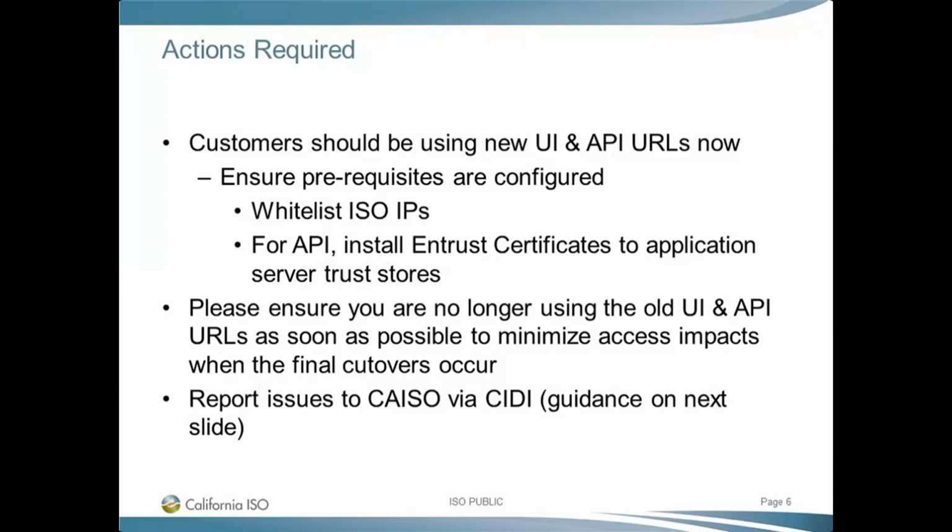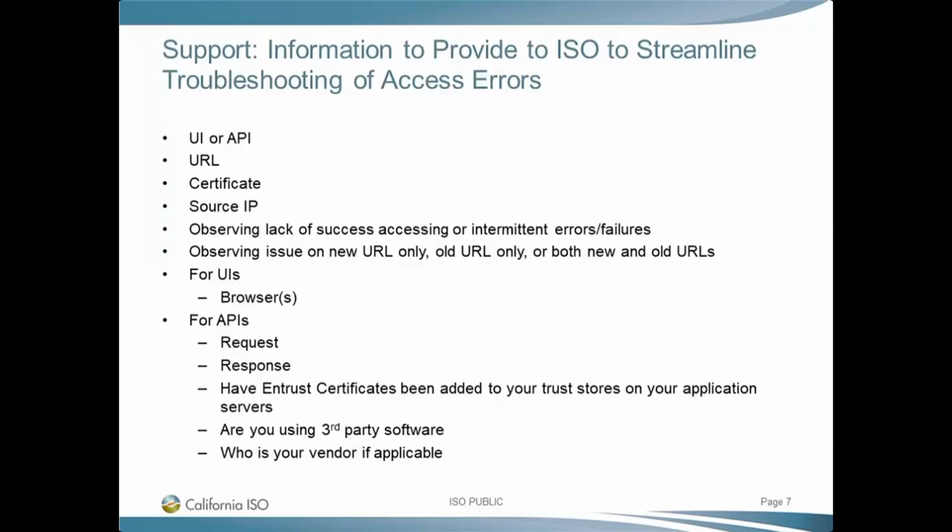And again, I want to underscore that one of the critical actions is that we are asking customers as soon as possible to shift off of the old URLs for the UIs and the APIs and report any issues as soon as possible.